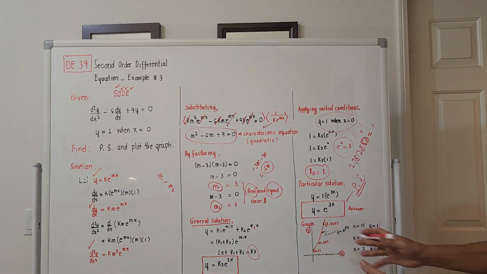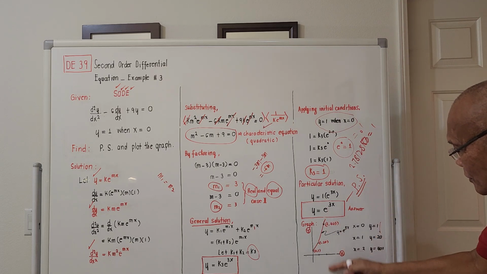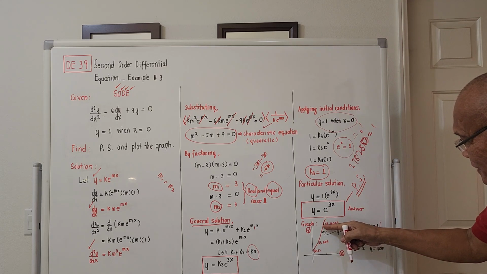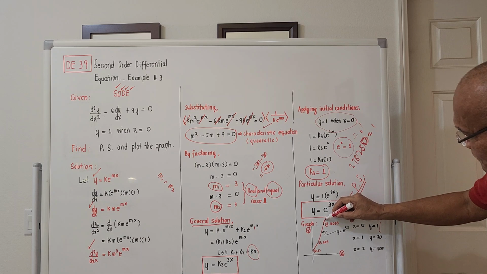Increase a little bit to the right, when x is 2, I computed using the calculator, y is actually 403. So it is actually abruptly increasing upward. So when x is 2, this is 403. Maybe if you try to increase more the value of x, it will go up something like this.